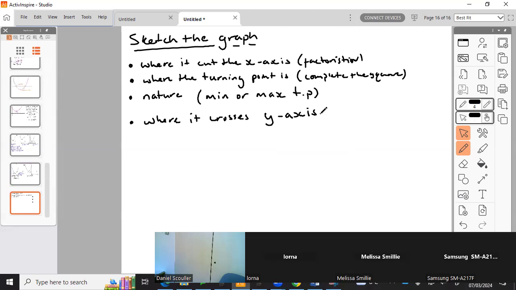To sketch the graph, you need to know where it cuts the x-axis, so your factors; where its turning point is, completing the square; where its nature is, max and min turning point; and where it crosses the y-axis.